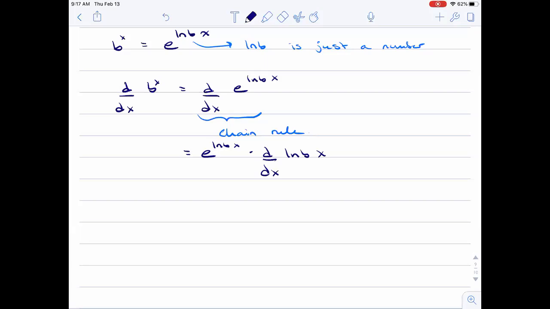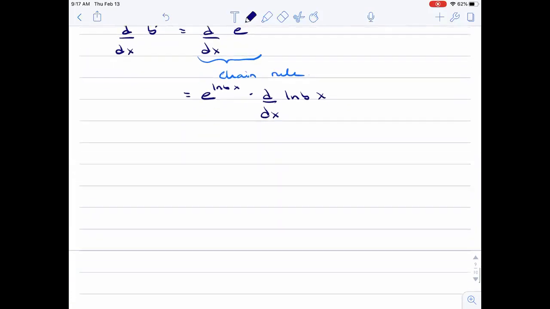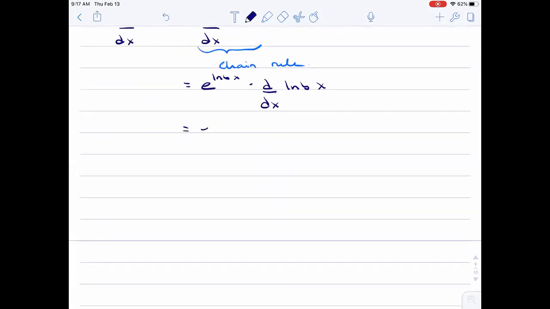But remembering that log b is just a number, right? The derivative of 2x is just 2, so the derivative of log b x is just log b. So now we get e to the log b x times log b.